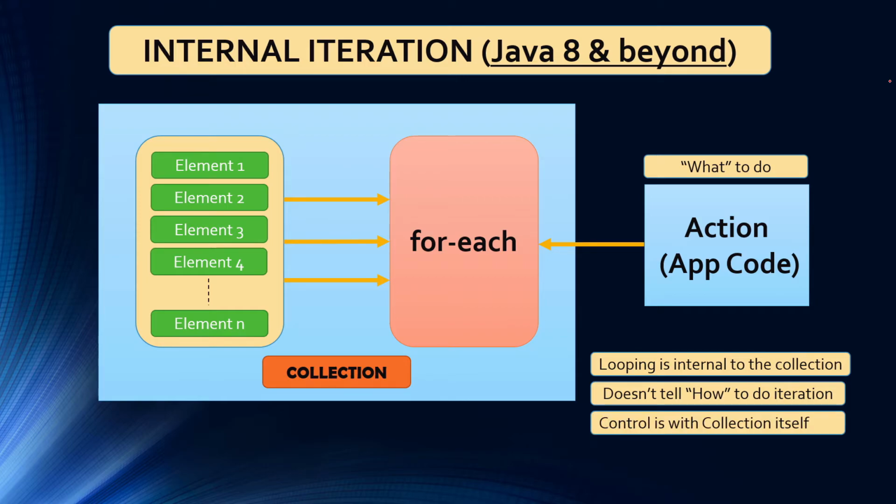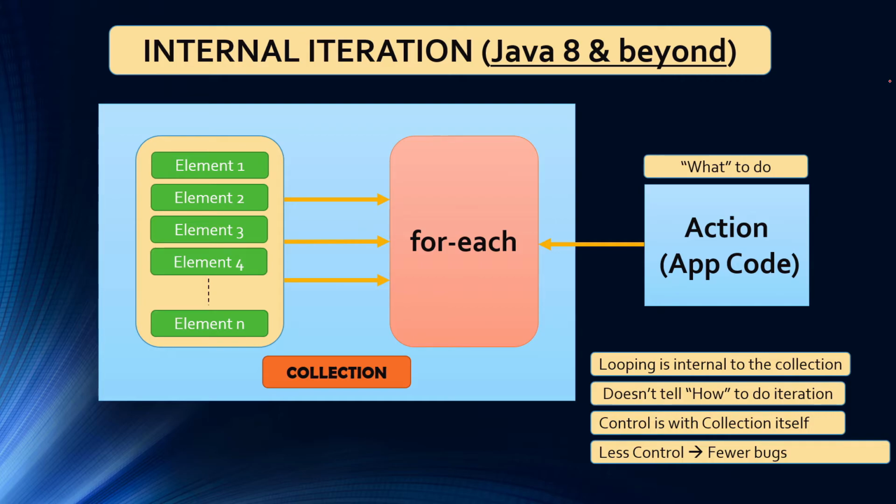So in simple words, it is not the developer who decides how to iterate. Instead, it is the underlying library which gets to decide how to perform the iteration. And this means that control is handed over from the developer to the collection itself. And that's good, because less control often means fewer bugs.